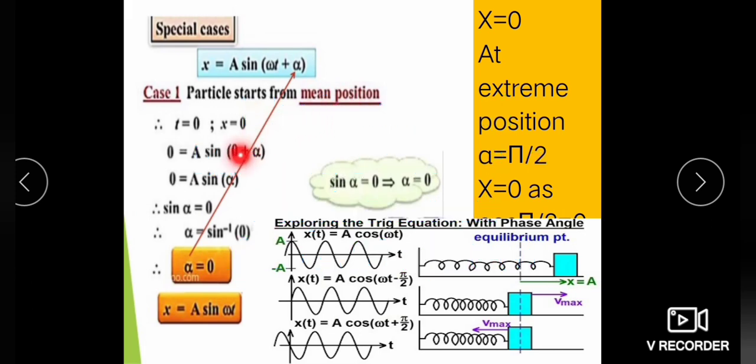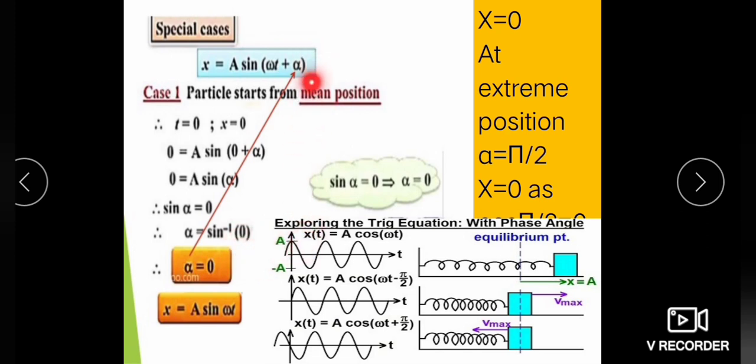Now let us discuss values of displacement. In the mean position, at t equal to 0, if the particle starts from the mean position at t equal to 0 second, substitute t equal to 0, x will be equal to capital A sine of omega t plus alpha.